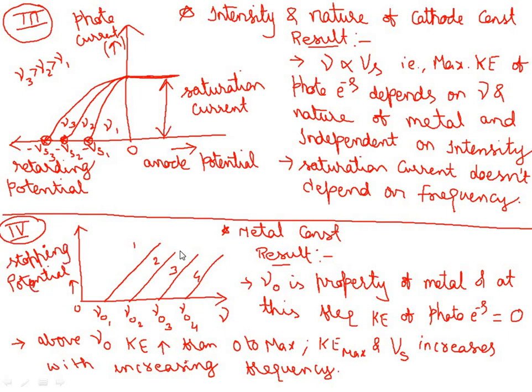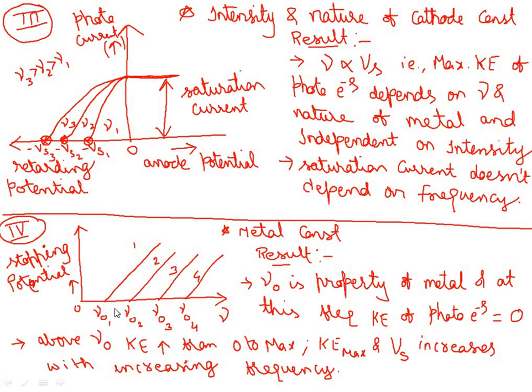Let us consider that the metal is constant, which means for a fixed metal, we plot the graph of stopping potential versus frequency. Look here, this is for the first metal. The first line denotes that it has some threshold frequency, and that of course, nu0, here nu01, is called the threshold frequency of the first metal.